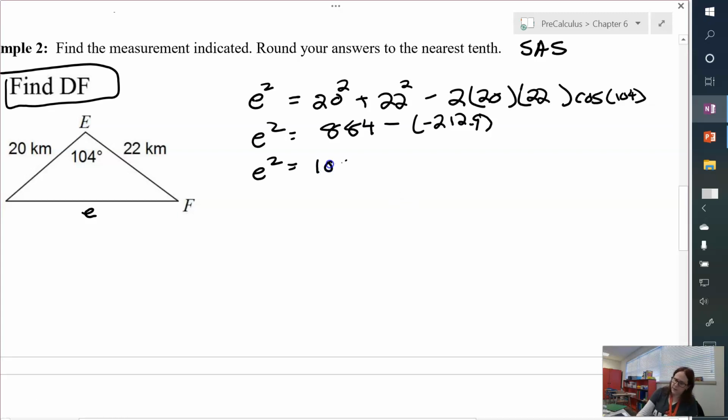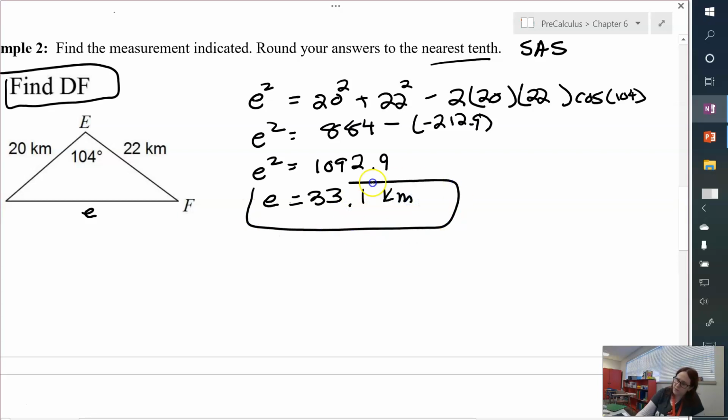And I get E squared is 1092.9. Then we square root that, because that's E squared, and E equals 33. My calculator has 33.0589, but we're going to round to the nearest tenth, so I round off that 0.05, and that rounds to 0.1. My units are kilometers, don't forget your units.